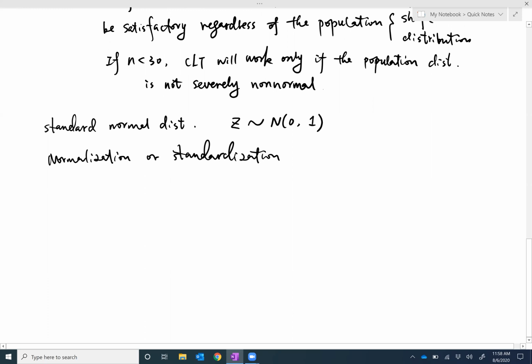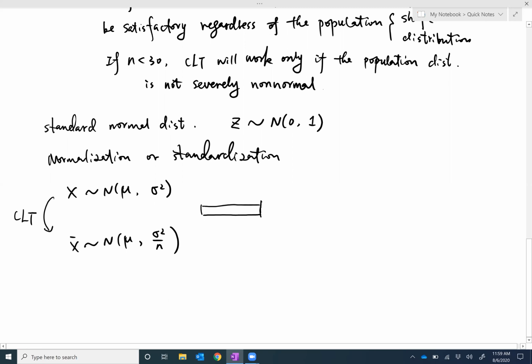So if you have X that is normally distributed with mu and sigma square, you have X bar, normally distributed with mu and sigma square over n. So from here to here, this is the central limit theorem. But if you want to do the standardization, then how do you do that?